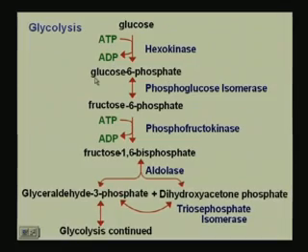This then went on to form the ketose from aldose. So, we had fructose 6-phosphate that had the enzyme phosphoglucose isomerase acting on it, because this is an isomer, the aldose and the ketose that we have here.